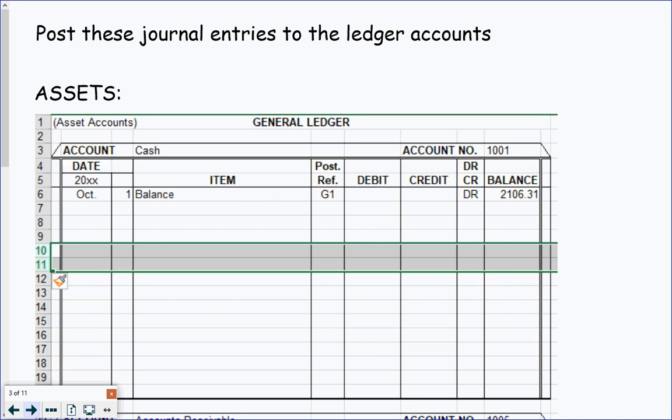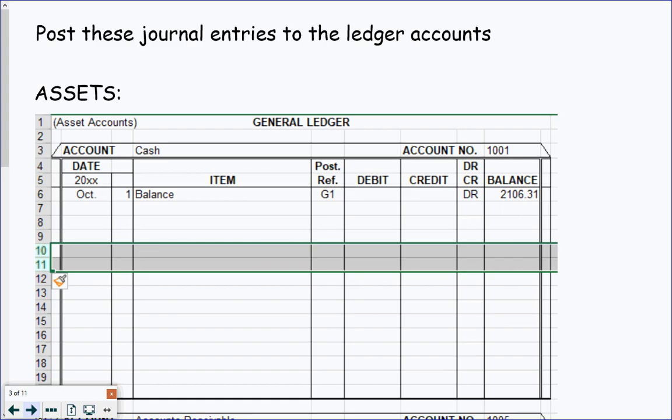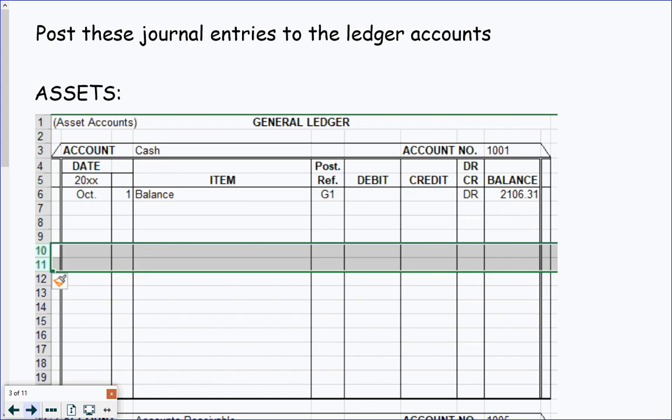Okay. So my first transaction, I'm debiting bank loan and I'm crediting cash. So what I would do is, does it give me the date? October 1st, check number 12. So the item is check number 12. It's October 1st.